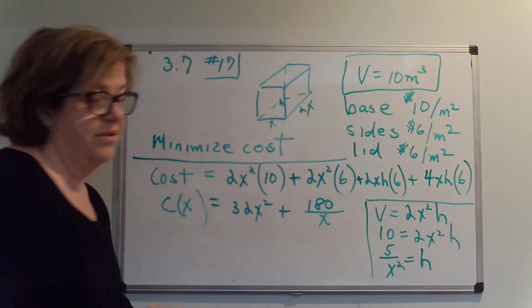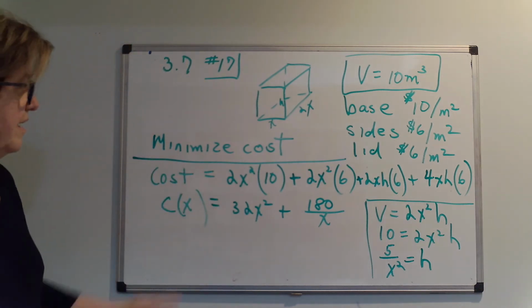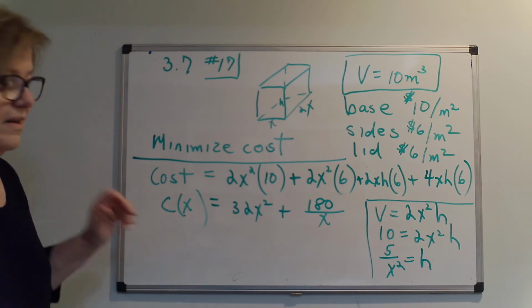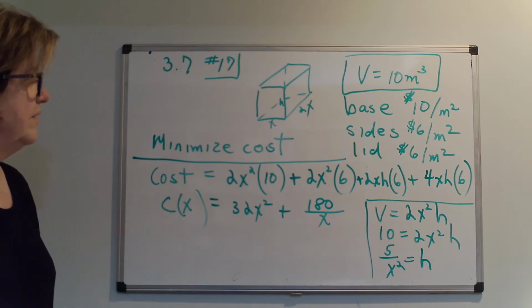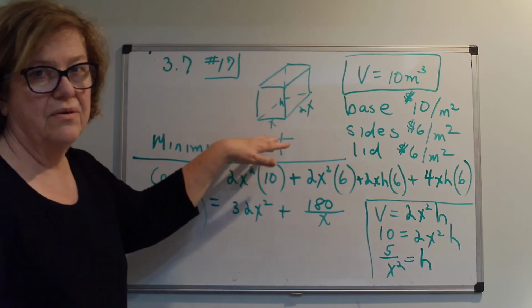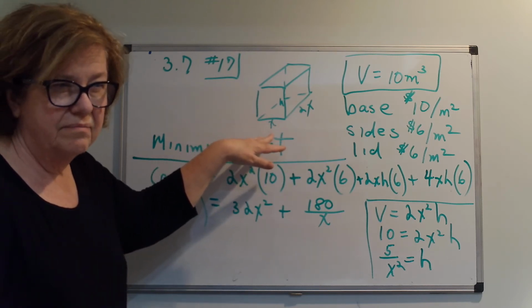Okay, now we're in shape. Now we need to know where the minimum is for this. Now, really we should think about what can x be? X can be anything bigger than 0, right?